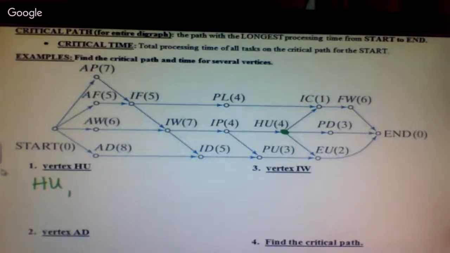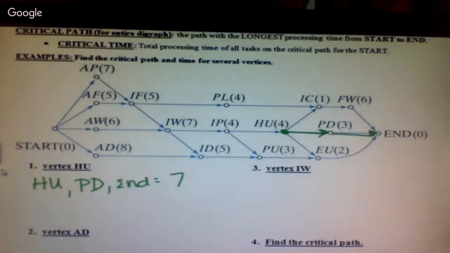PD. Can I go from PD to IC? No. So, one path: PD to the end. And that gives me a critical time of 7. HU had 4, PD had 3, and the end has nothing.